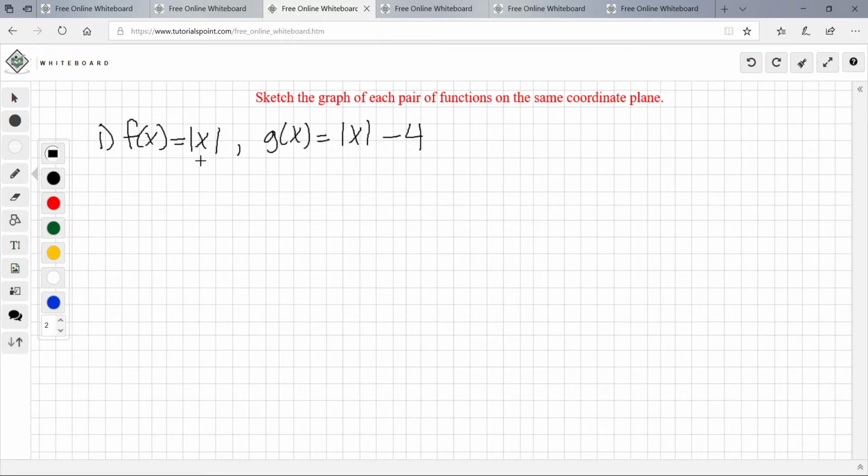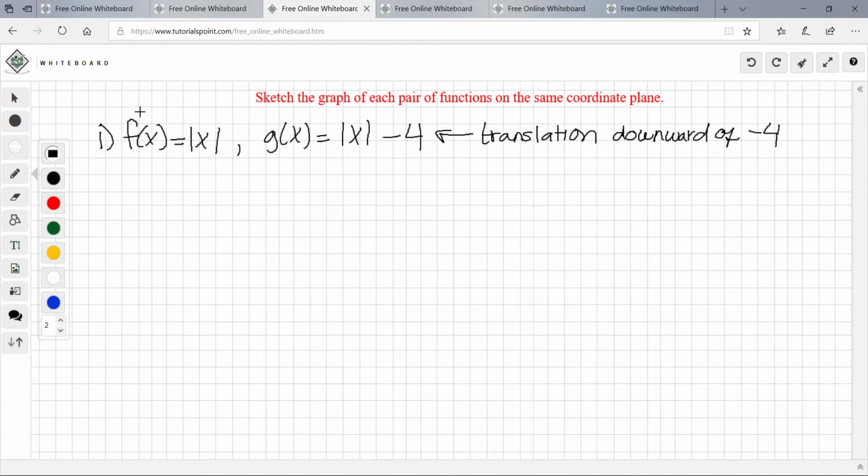So look at these two graphs. I know from the second graph there's a translation, a translation downward of 4.